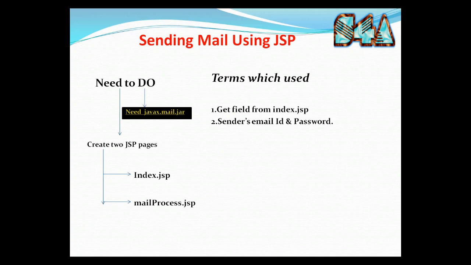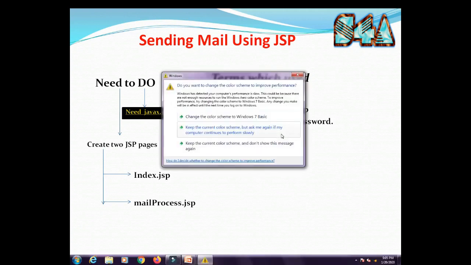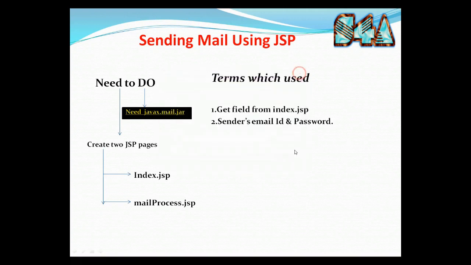Same as in this code, we assign the sender email id and password. That means if you assign the sender email id and password, it logs in and authenticates that this person is sending a mail to you. So this is the mandatory point.